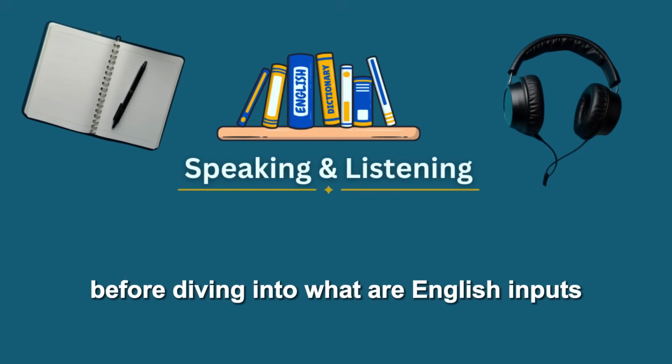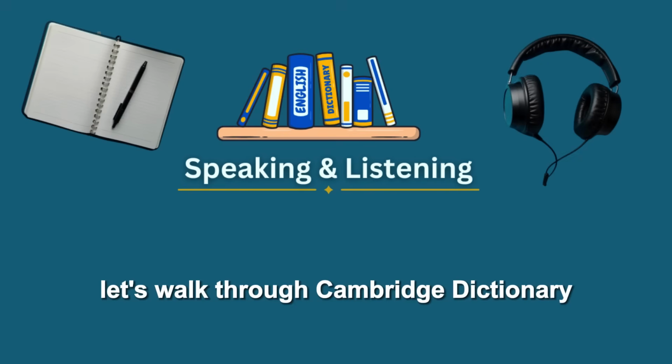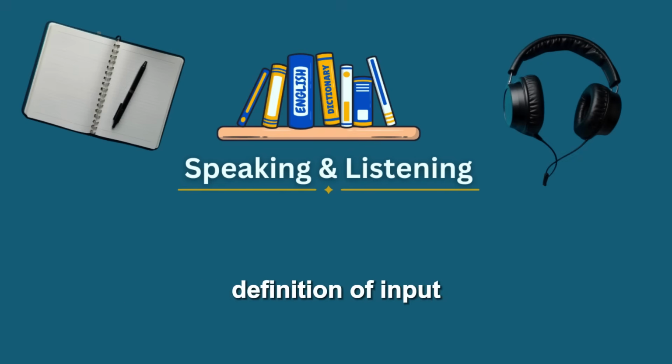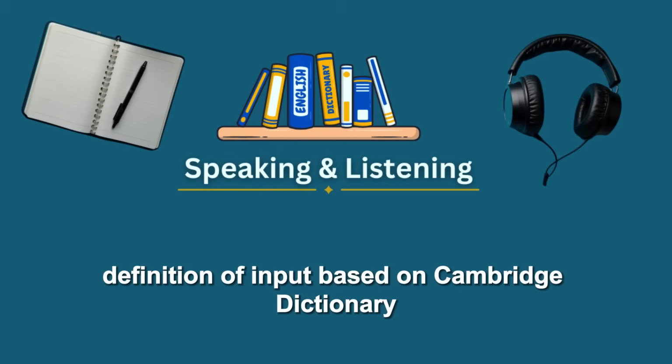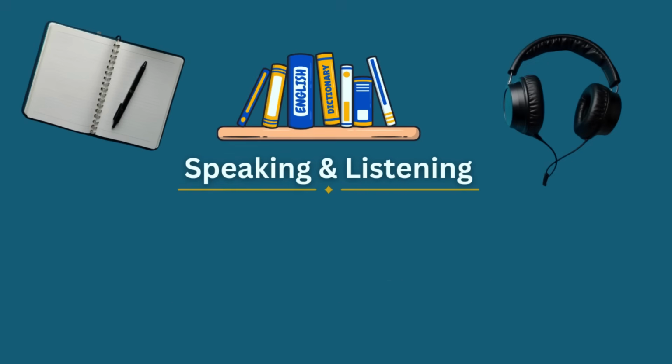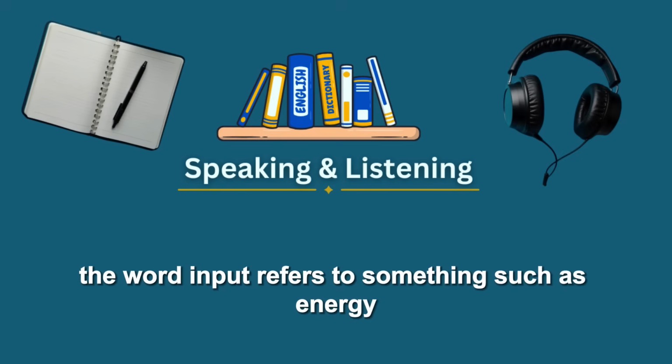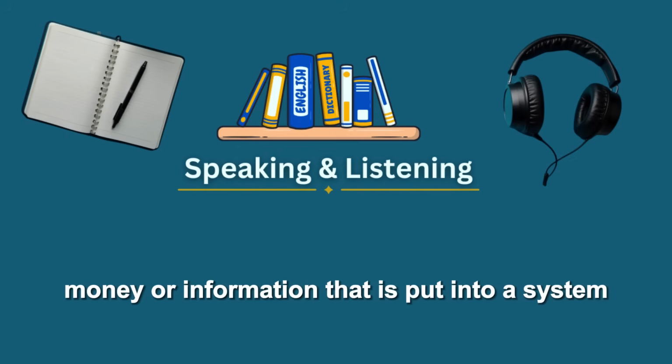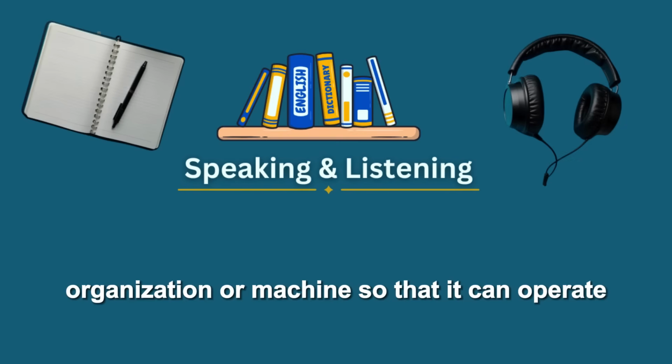Before diving into what are English inputs, let's walk through the Cambridge Dictionary definition of input. According to the Cambridge Dictionary, the word input refers to something such as energy, money, or information that is put into a system, organization, or machine so that it can operate.